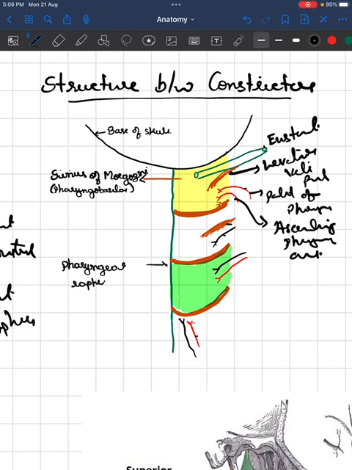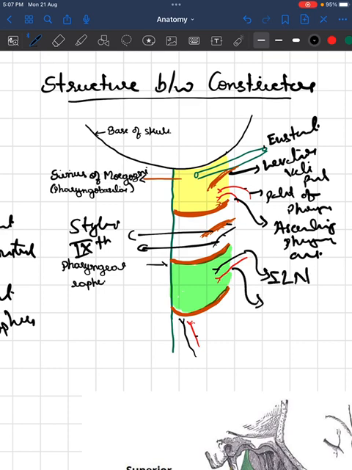In between the superior constrictor and middle constrictor, we can see two structures: the stylopharyngeus and the ninth nerve, that is the glossopharyngeal nerve. Between the middle and inferior constrictors, we have one nerve, the internal laryngeal nerve, and the artery is the superior laryngeal artery.